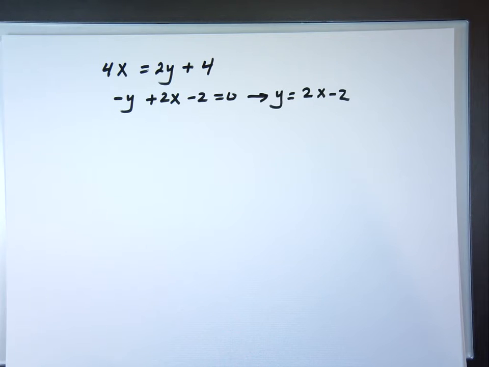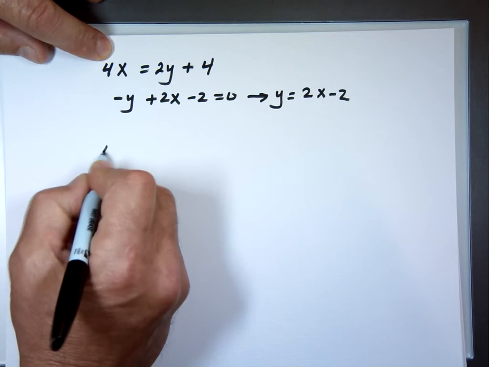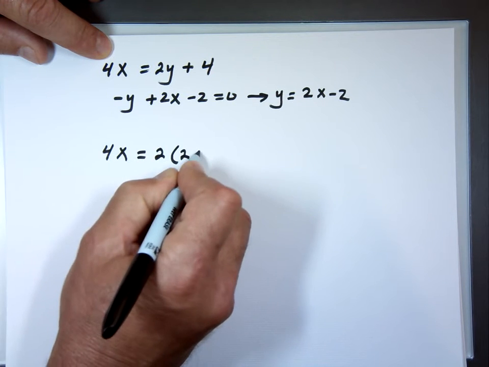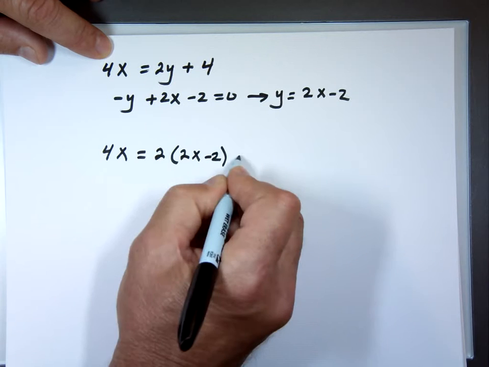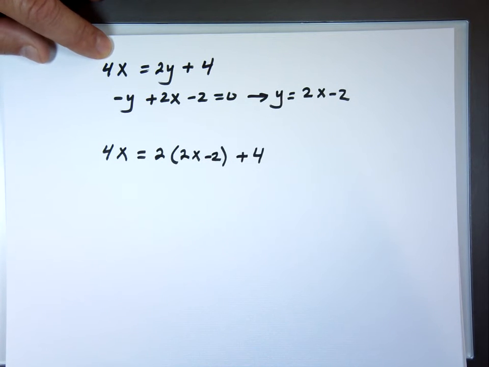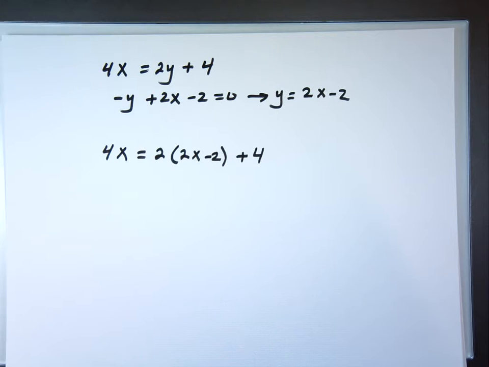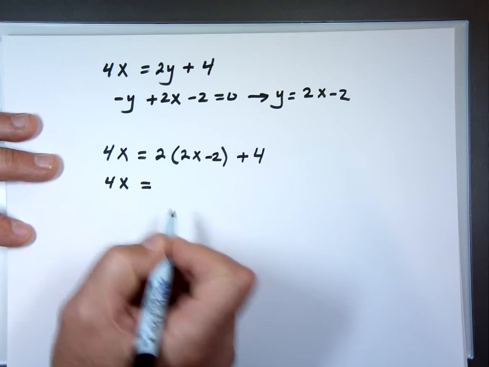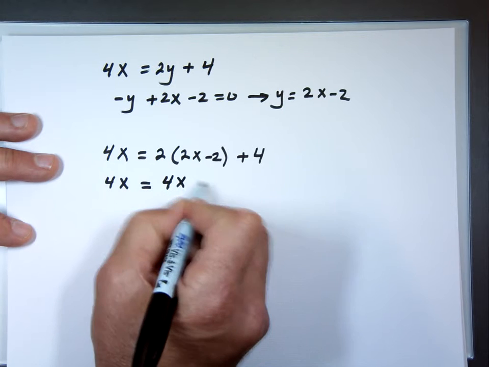Now come back to the top equation and replace y with 2x minus 2. 4x equals 2 times 2x, which is what? 4x minus 4 plus the 4.